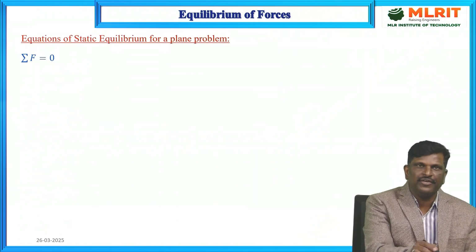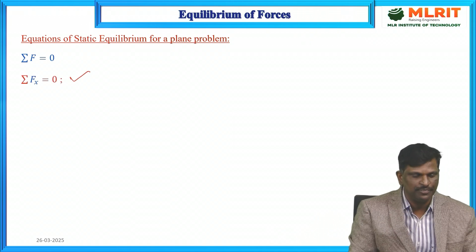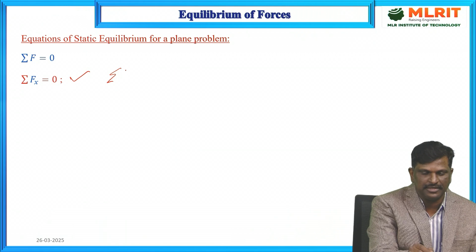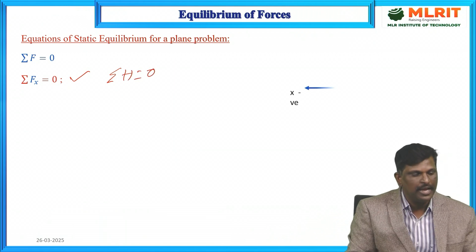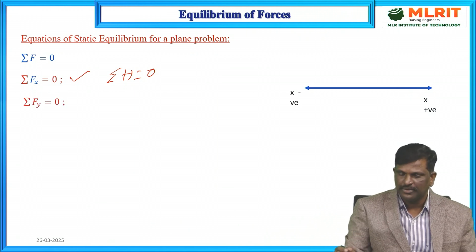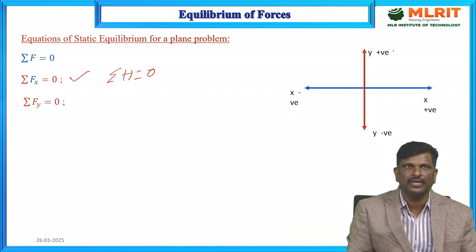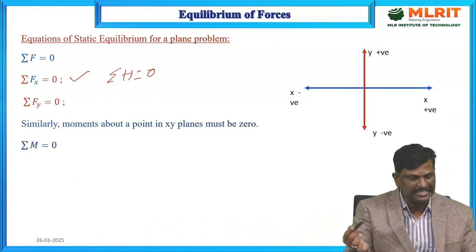Sigma Fx equals 0. That means the sum of all forces acting along x direction equals 0. Generally, we will write it as sigma H equal to 0. Sum of all horizontal components equals 0. And then sigma Fy is also equal to 0. Sigma Fx is 0 and sigma Fy is 0, and we will take only one moment, that is moment about a point in the xy plane.